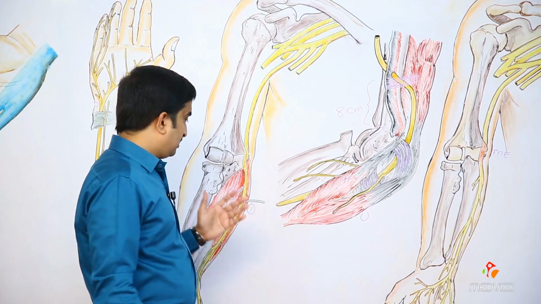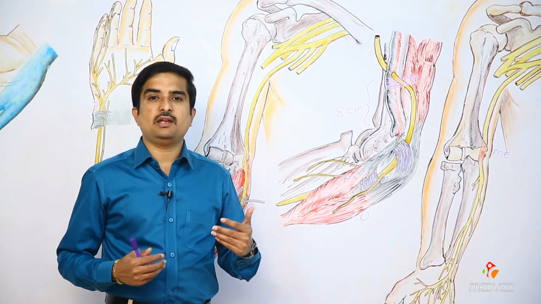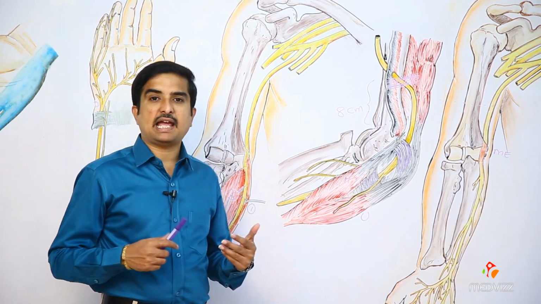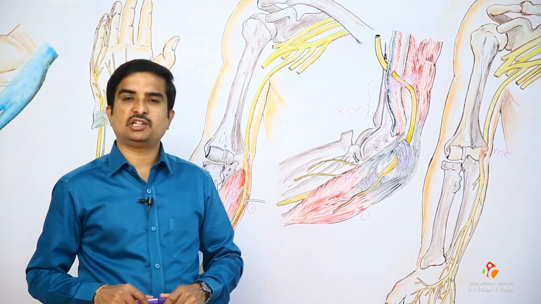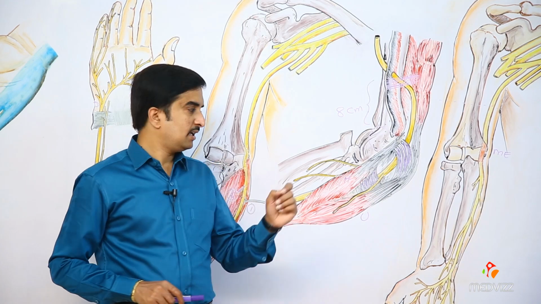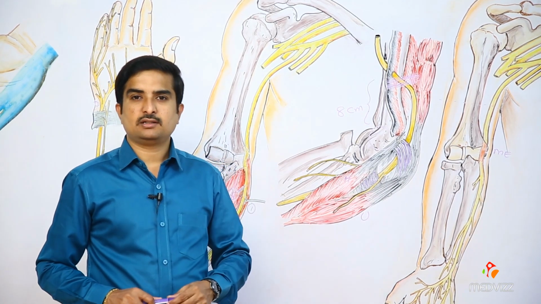Because these two muscles are paralyzed, the patient will be unable to make a fist, because the synergistic action of the flexor carpi ulnaris is lost. This is the motor problem you will see if there is an injury of the ulnar nerve in the cubital tunnel.